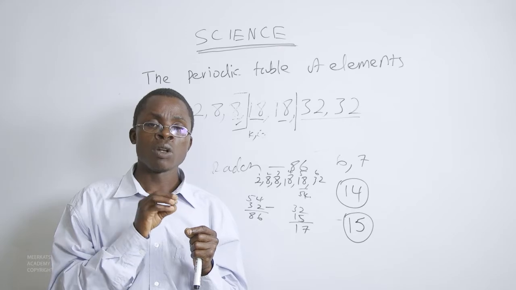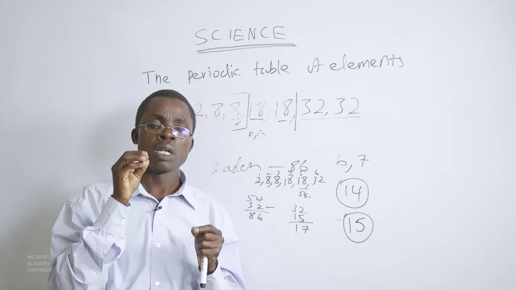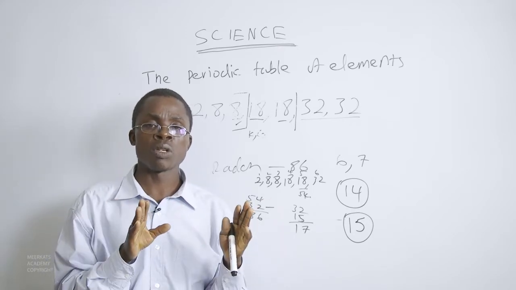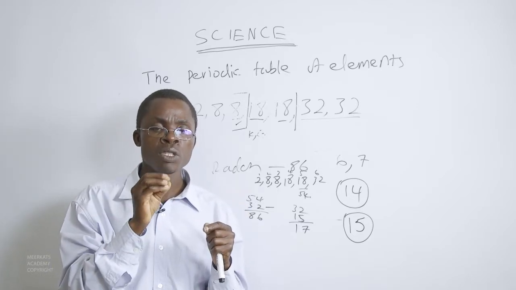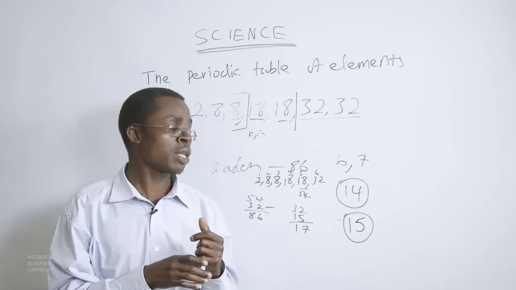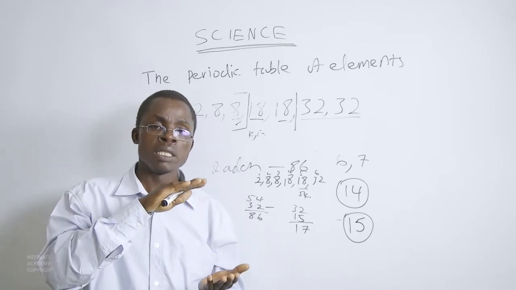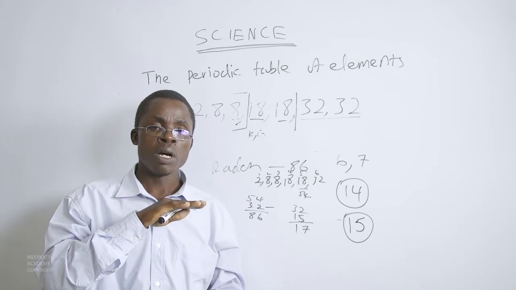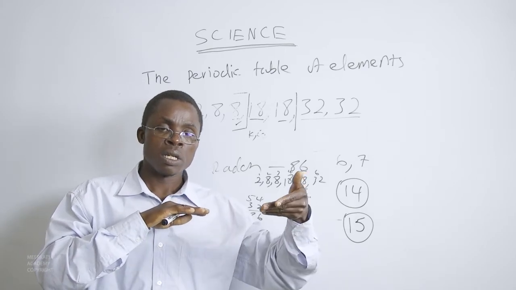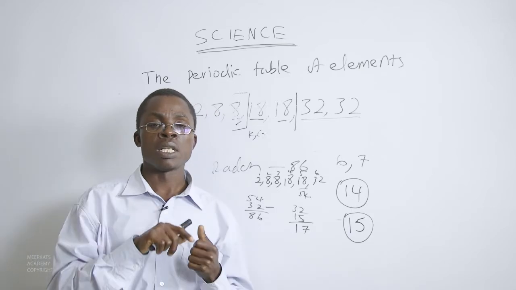But you cannot just put 15 in one box and leave it that way. Even if they are the same, they may have some small details that are different. Because of that, they are arranged just below the big table as lanthanoids, the first ones, and actinoids, the second ones.